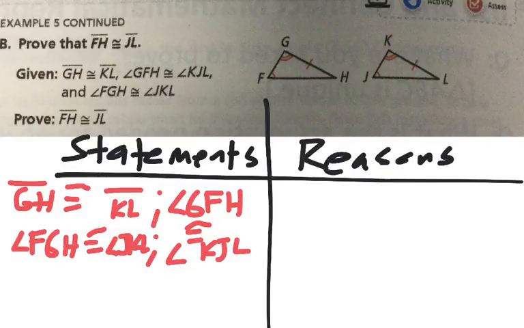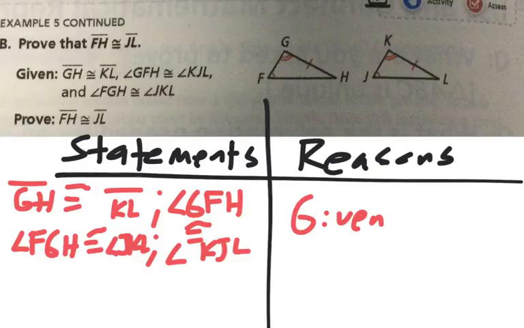So I write down all three of those things that were given to me, and the reason is given. So in the end, I'm wanting to prove that side FH is congruent to side JL.